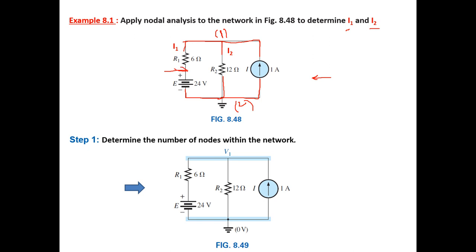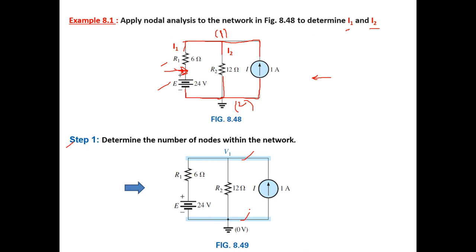Yes, actually it is a node, but we do not need to consider it in this analysis method because it's connected between only two terminals, a voltage source and a resistor. So this is node number 1 and this is node number 2.